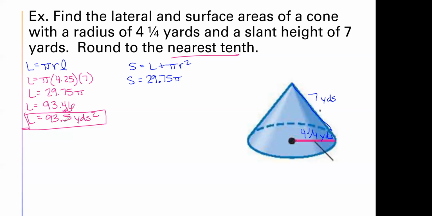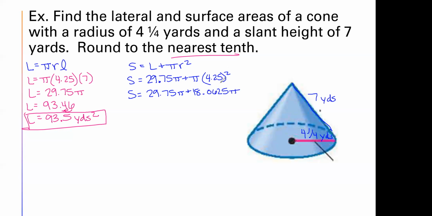I'm using this value instead of the decimal approximation because it's going to give me a more exact value, plus pi times the radius, which is 4.25 squared. So then I square 4.25, and I get 18.0625 times pi.